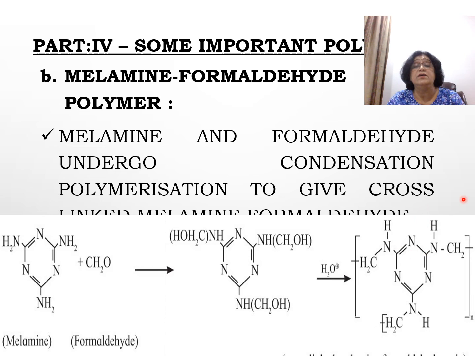This further gets added to the second molecule. So this is melamine formaldehyde, and this further goes on adding, and water molecules are given out, and CH2 linkages are formed.